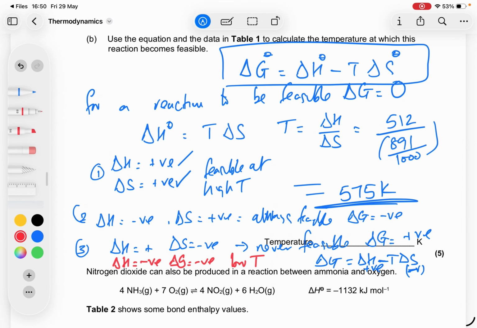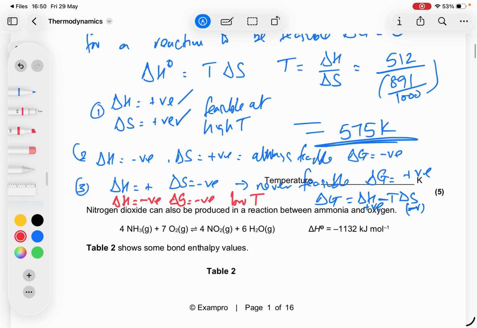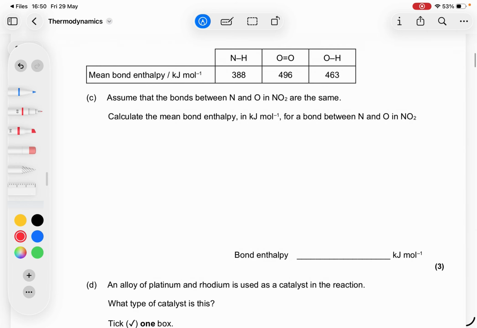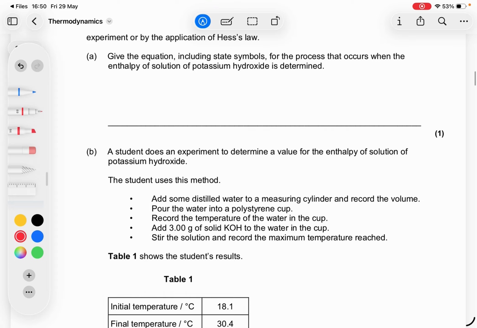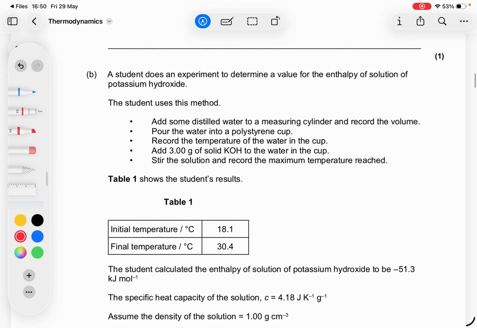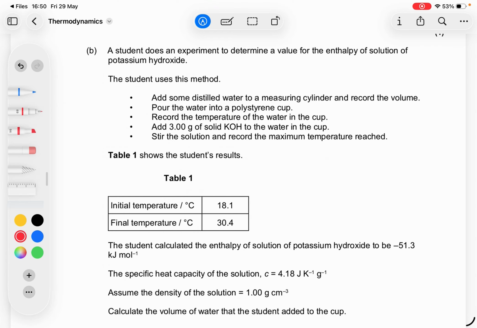So these are a few things you need to know. The next question is bond enthalpy, bonds broken, bonds made takeaway. And I'm not going to spend much time on that one because I think that's a skill we've covered in year 12. Okay, next one question which I want to look at is the question on calorimetry.